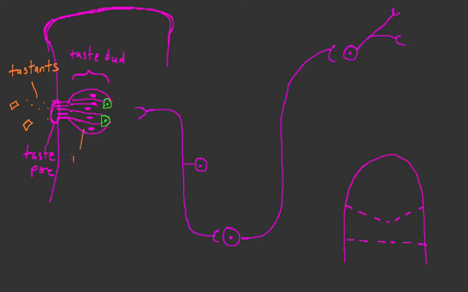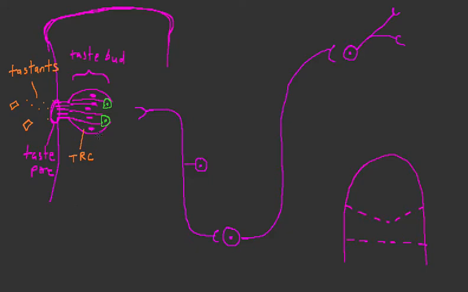And that's probably the biggest deal of this whole pathway, the taste receptor cells. That's because they're the initial peripheral sensory cells, the sensory apparatus that's going to detect the tastants and tell us something about the food that we're eating.